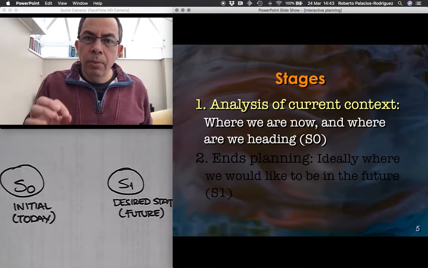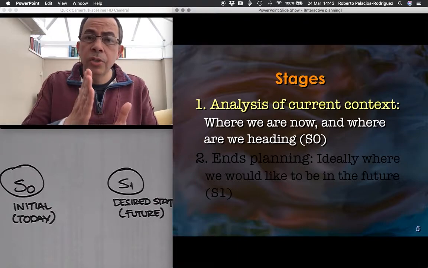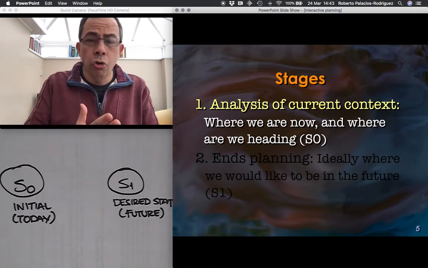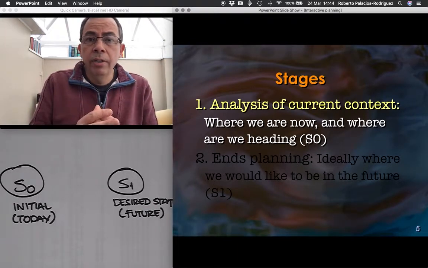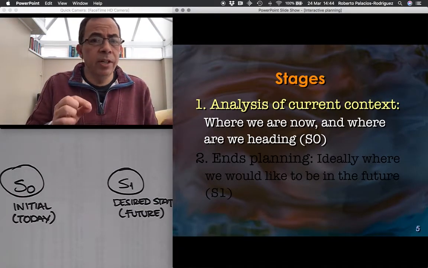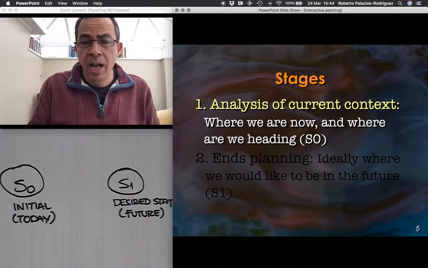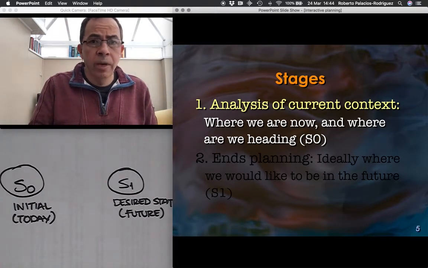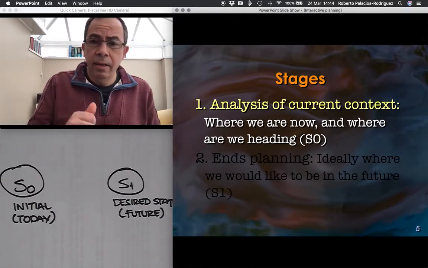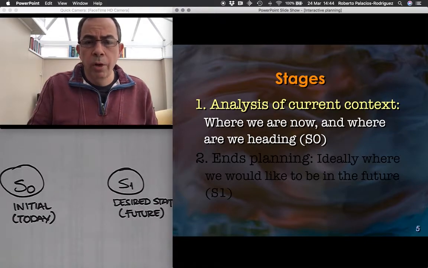In order to determine where we are today, we need to define what we have: our strengths, our weaknesses, the resources we've got, the abilities we have at the moment as an organization, what is good about us, what is not as good, what advantages we have, what capital we have: human capital, relational capital, monetary capital, all the resources we've got. And this is where we are.